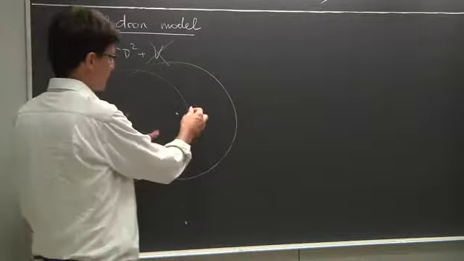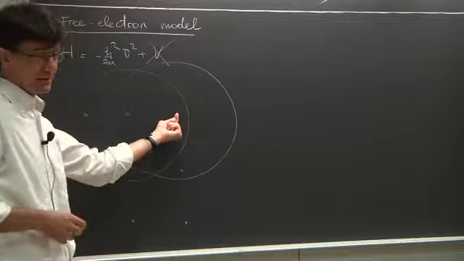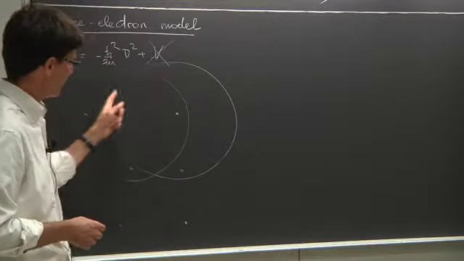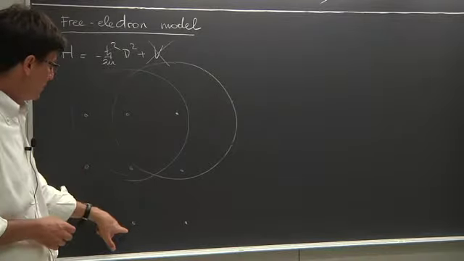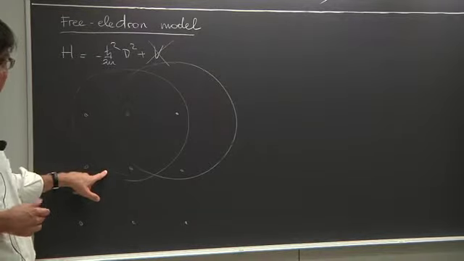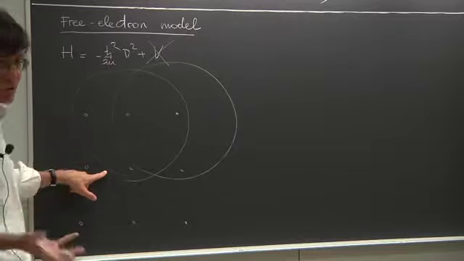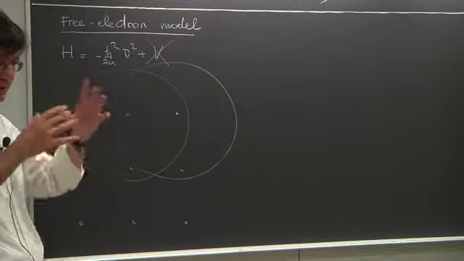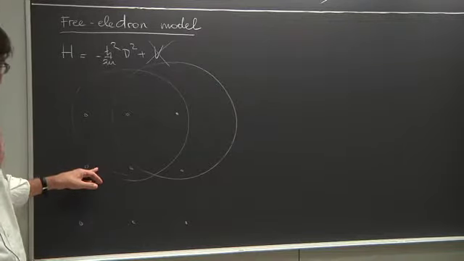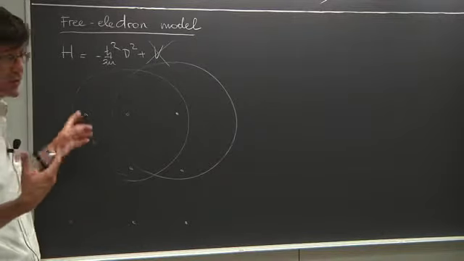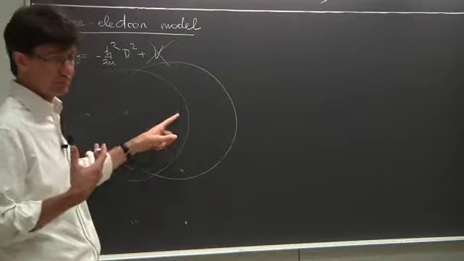If you are this electron here, the electron sitting centered at this point, you will certainly see the presence of the other nuclei, but at the same time, all the other electrons, because they're so easy to polarize, to displace their charge, will screen very efficiently all the other nuclei from your view.